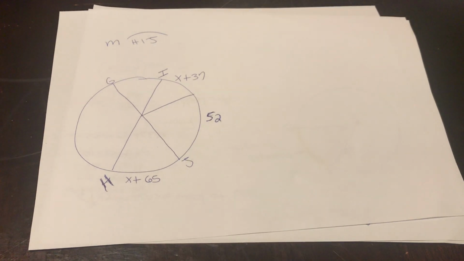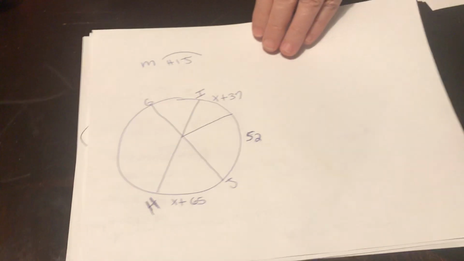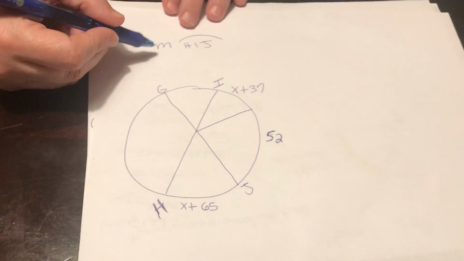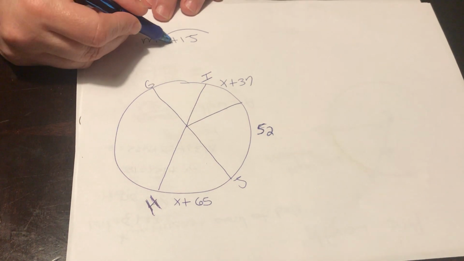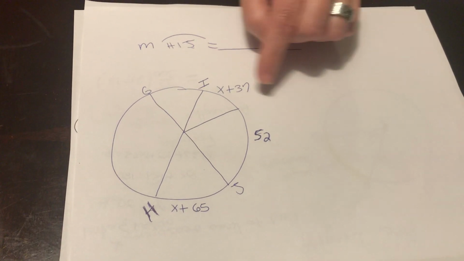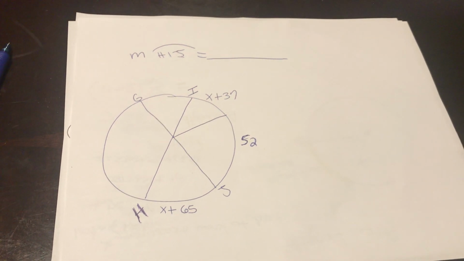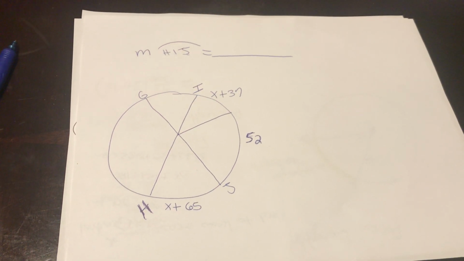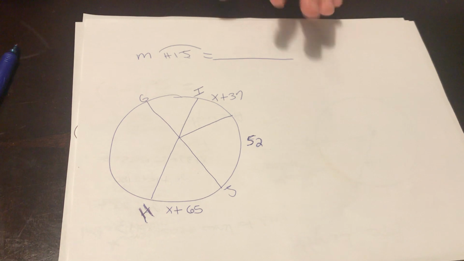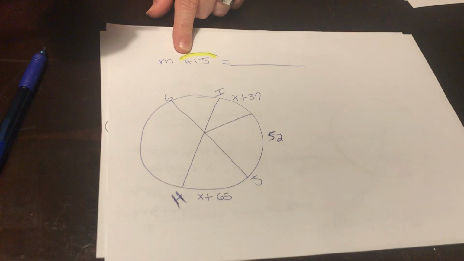Now let's do something a little bit more complicated, but with the same meaning. Our question says, what is the measure of arc HIJ? They're giving us some information, but first let's see what they're talking about.